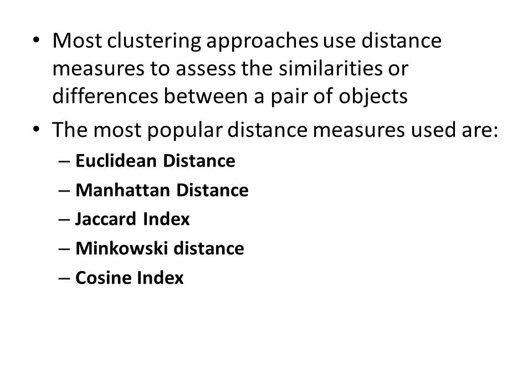The most popular distance measures used are Euclidean distance, Manhattan distance, Jaccard distance or Jaccard index, Minkowski distance, and cosine index. We are going to see them one by one.